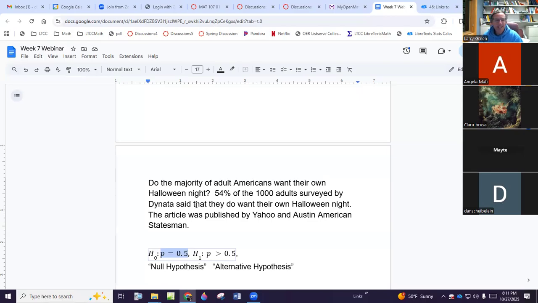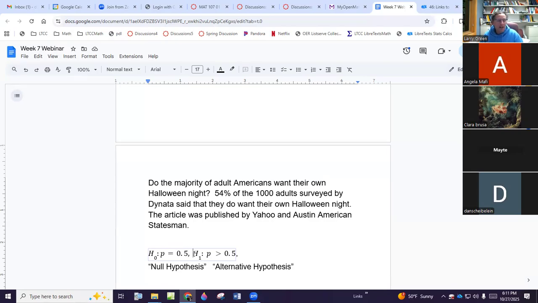The only choices are yes and no, and that means we're talking about proportions, and P is the letter we use for proportion. Then equals 0.5. So it's very important to understand how this is written. That was the null hypothesis: H naught colon P equals 0.5.